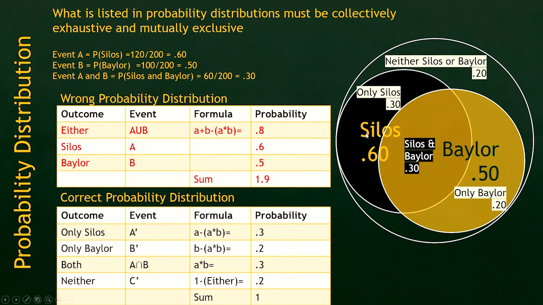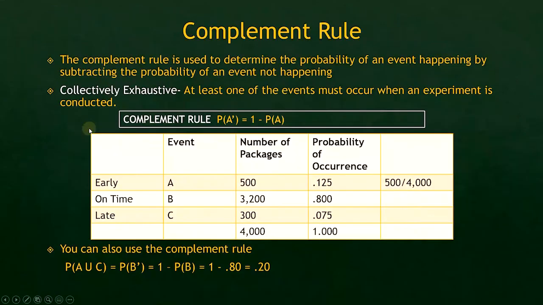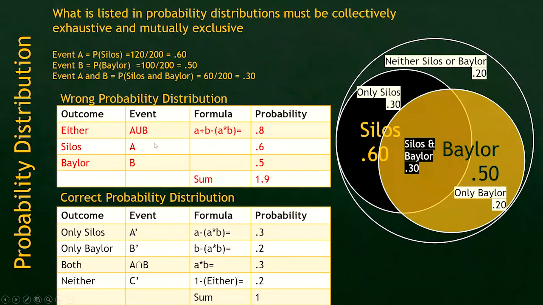So, once again, this is really important. When you're talking about a probability distribution, it has to add up to 1. Has to add up to 1. And so with the previous information, we don't have the ability to make a probability distribution. Okay, so if we look at the probability of either A or B, in other words, we have A plus B minus A times B, which equals 0.8.